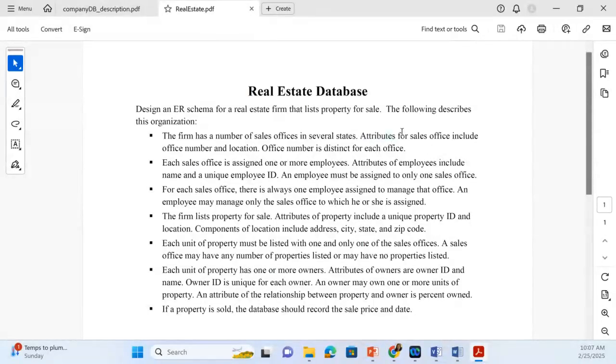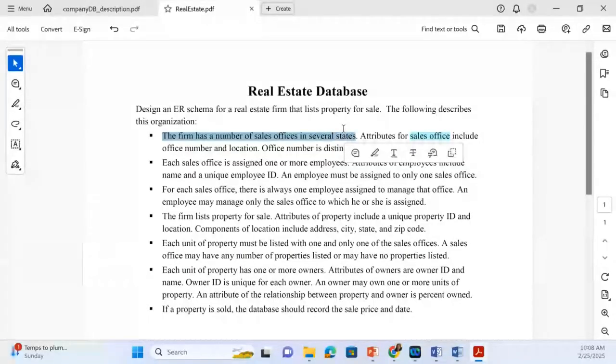So at least based on the first bullet, we can tell that the sales office should be modeled as an entity type. Why? Because it has several attributes.